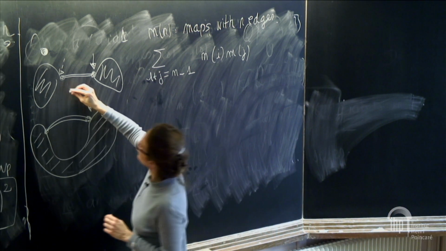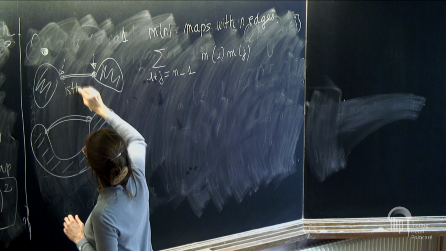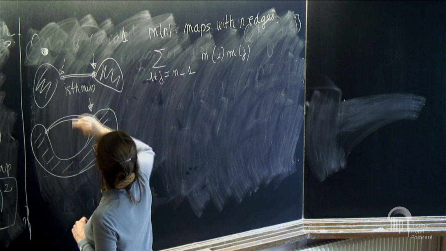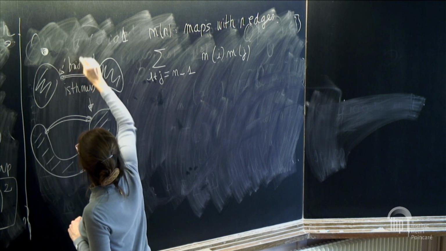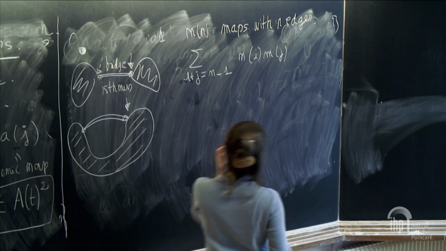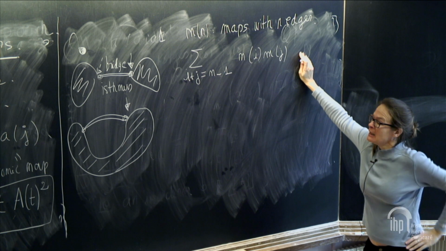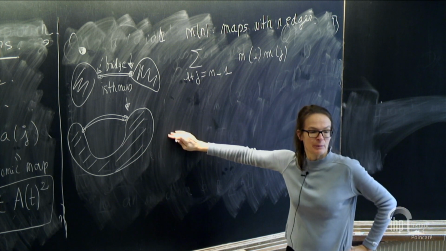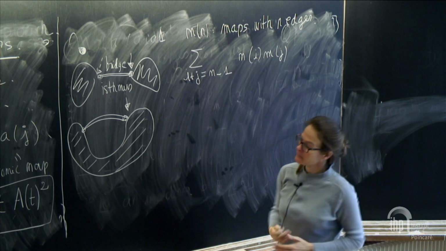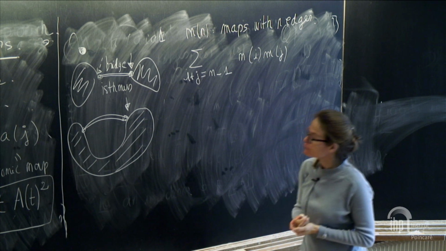I will often call this an isthmus. Maybe I should call it a bridge, simpler word. So that's the bridge case. And then this is somehow the new case that makes maps different from trees.